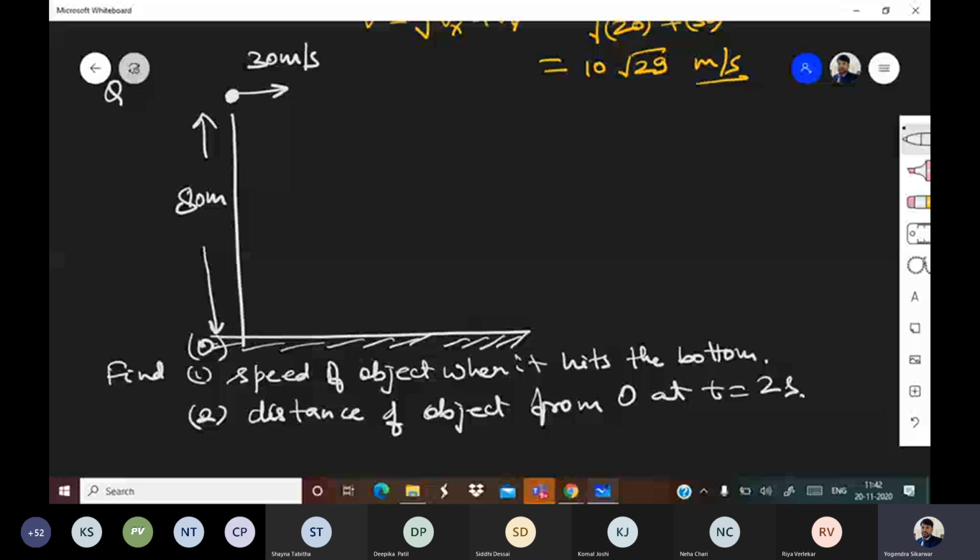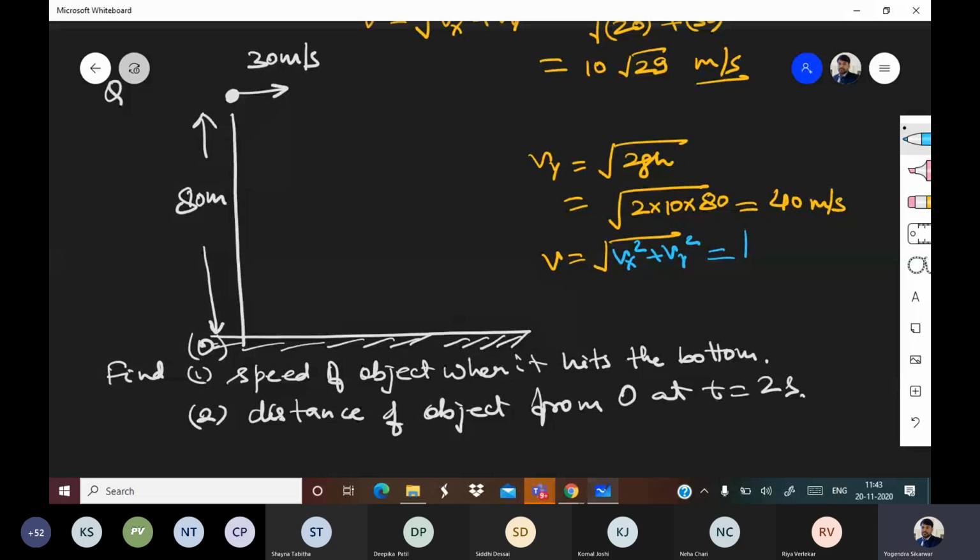First of all, when it is reaching the bottom, Vy will be under the root of 2gh. So that will be under the root of 2 into 10 into h is 80. That comes out to be 40 meter per second. But this is just Vy. So V will be under the root of Vx square plus Vy square.